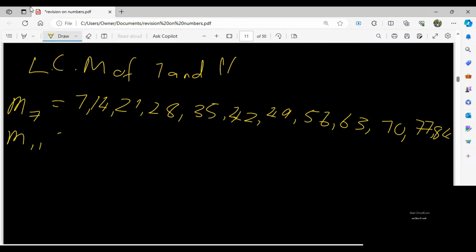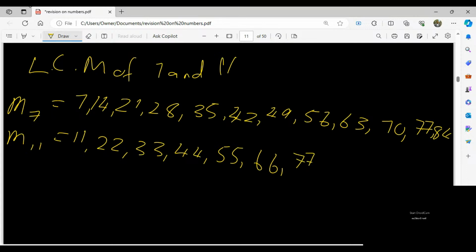Multiples of 11 equal 11, 22, 33, 44, 55, 66, 77. They're very easy before 100. 88, 99. So already you can see that we have this number here and this number here.